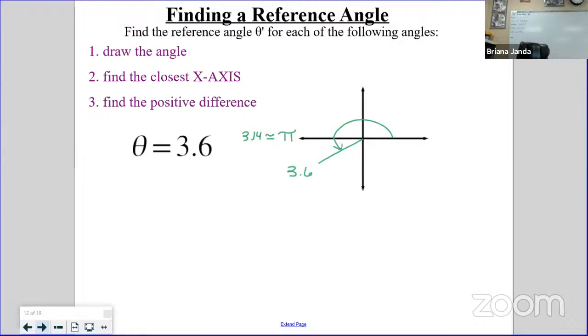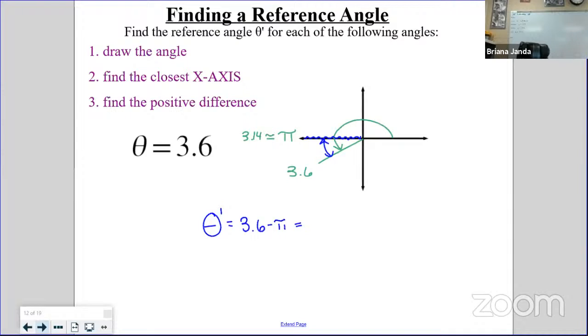And like I said, this is book specific, but I don't want you to ever get confused if you were to see a question like this in our book practices. So then our reference angle goes back to that closest x-axis. Because typically for a reference angle, you don't need a calculator, but right now I'm going to need a calculator because to figure out this difference, I don't really know what that is. It's whatever 3.6 minus pi is. The difference between those two.